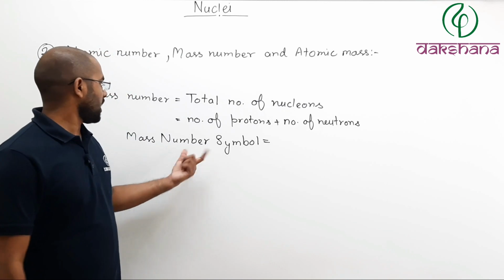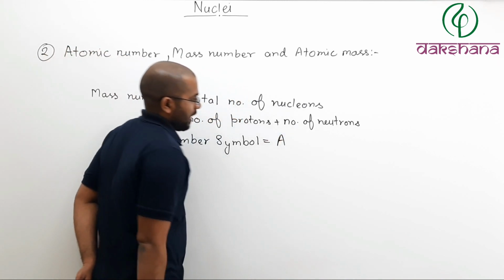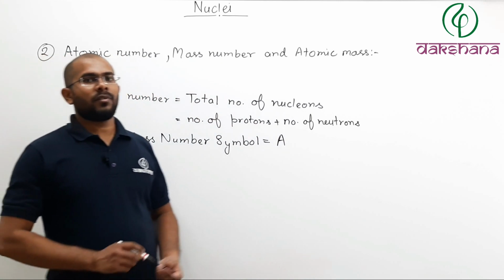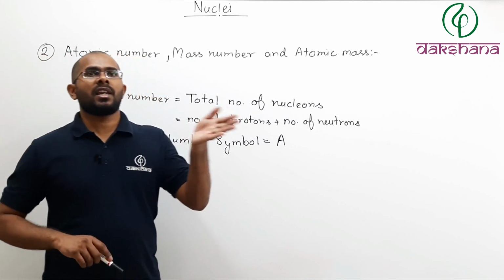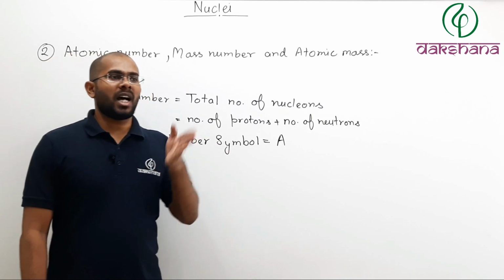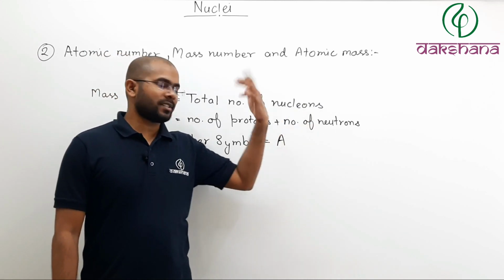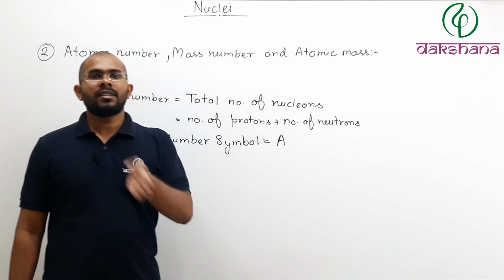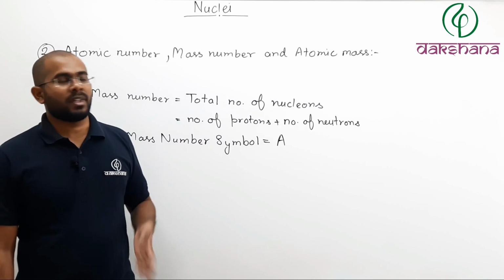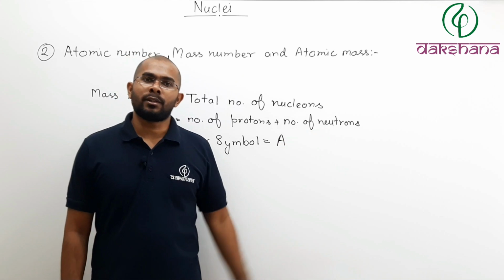The mass number symbol is capital A. So, if it is written just capital A equals 10, they need not write mass number. You should know they are talking about mass number, that is the total number of nucleons. What are nucleons? Protons and neutrons.